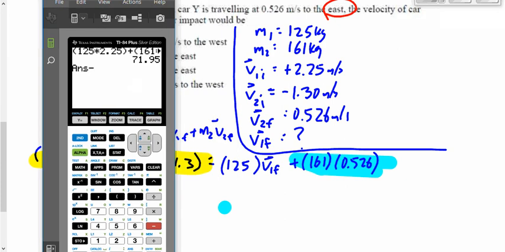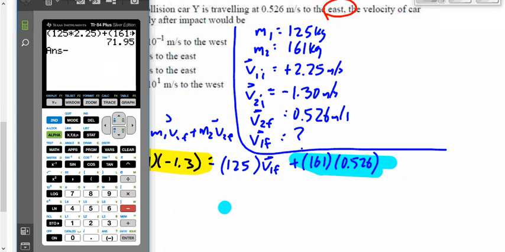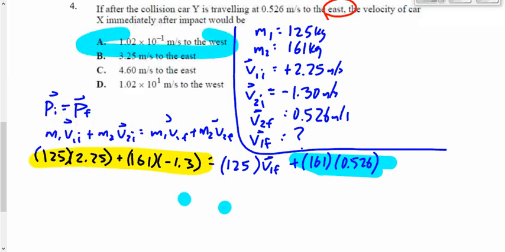Subtract bracket 161 times 0.526. What did I do? Oh. Times 0.526. Okay, divided by 125. There we go. That's our answer there, right? We good there?